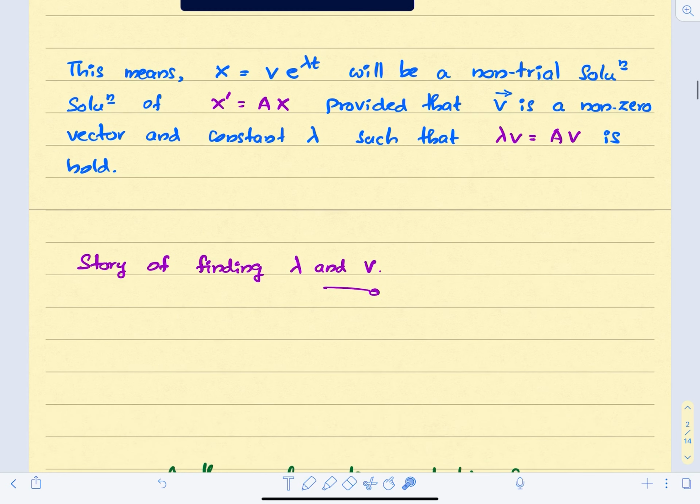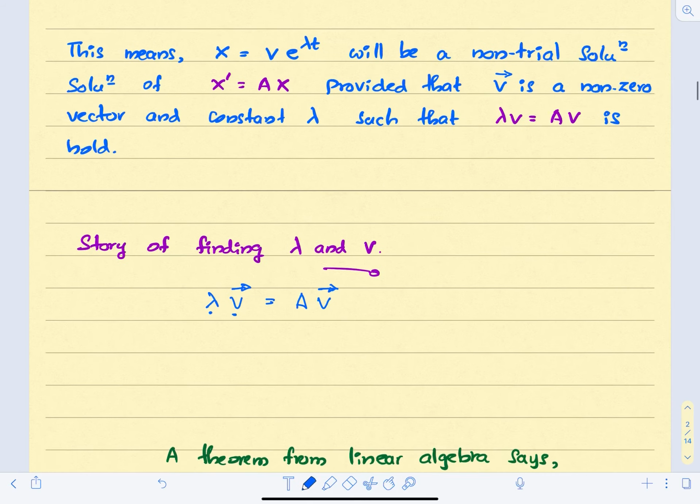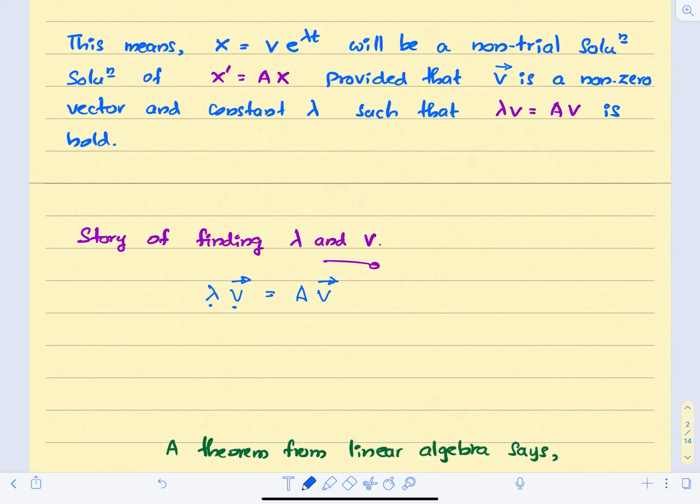Okay, so let's rearrange this. We have lambda v equals A times v. Now for a given system, we know what A is, but we want to find lambda and v. So I'm going to take the quantity lambda v to the other side.